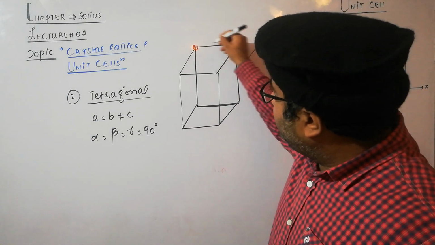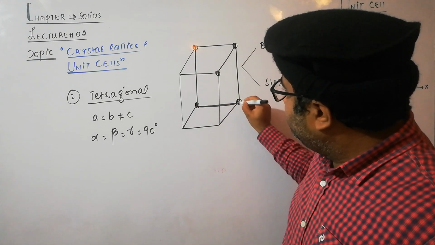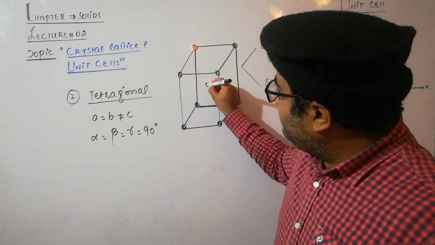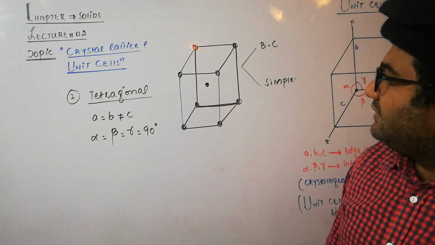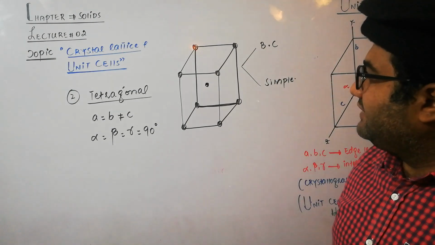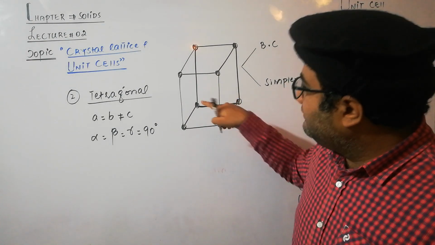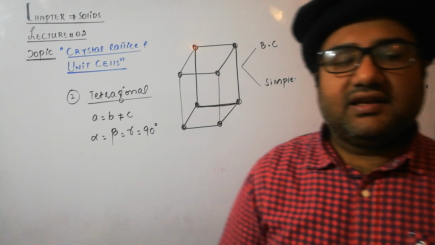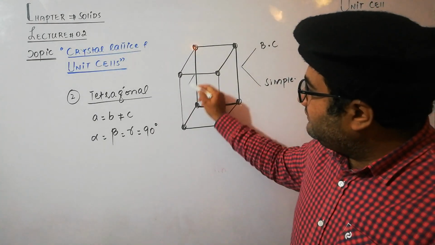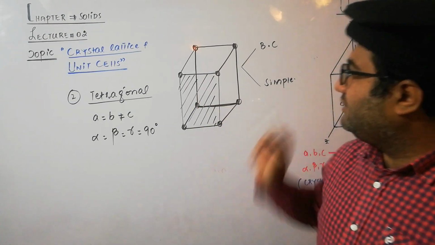In case of body centered, there will be one lattice point at each corner and the same lattice point will be present at the center of the body. This one will be the body centered tetragonal Bravais lattice. And the second one is the simple. In case of simple, there are points only at the corners. So this in front of you is an example of the tetragonal unit cell. This one is the tetragonal unit cell actually.